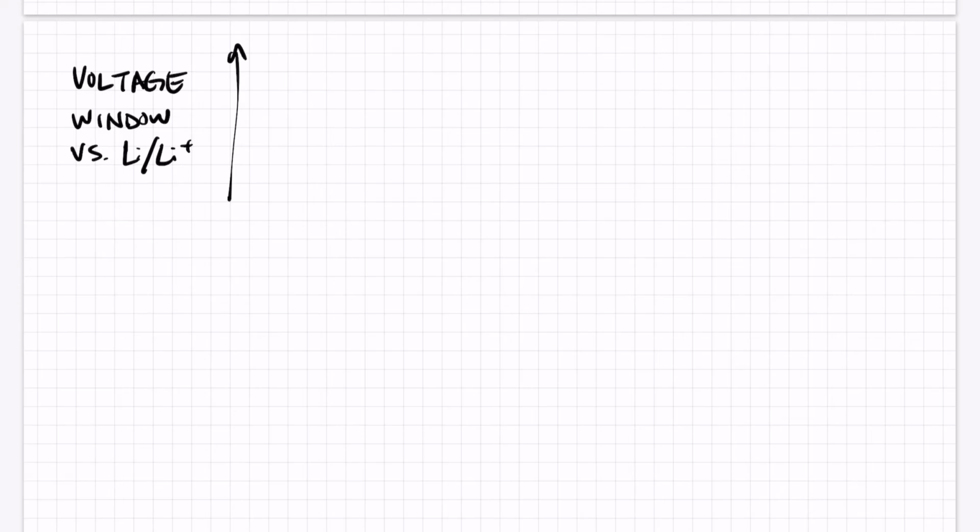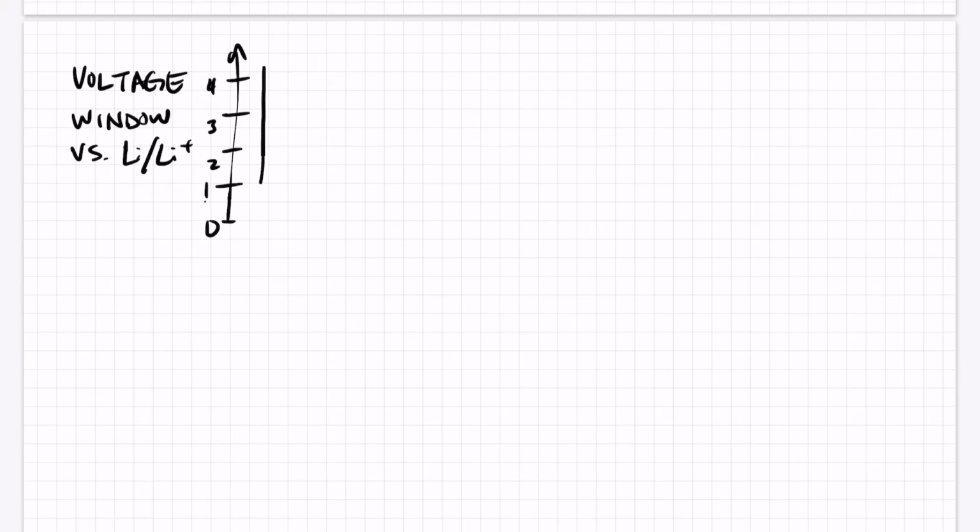So if we now try to rank the voltage stability window versus lithium plus, if we have, let's say, 4, 3, 2, 1, and 0, here we have pretty high.